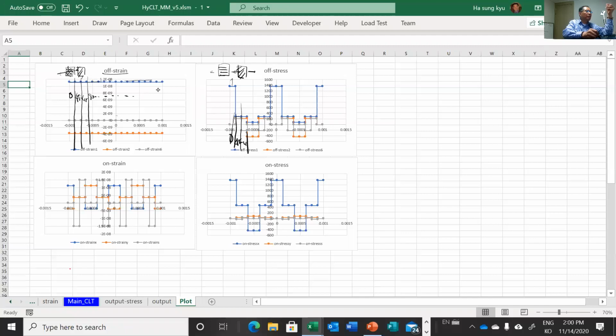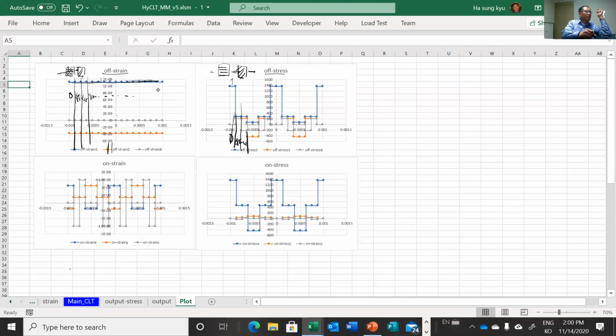So they are all experiencing uniform strain in the 1 direction, 2 direction, and shear direction. But the off-axis stress is quite different from ply to ply, mainly due to the different stiffness.